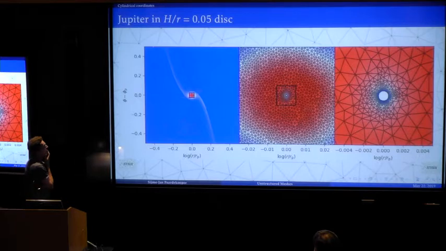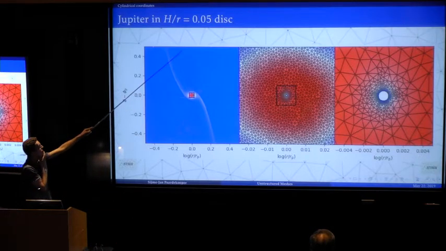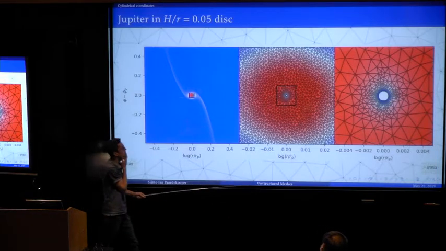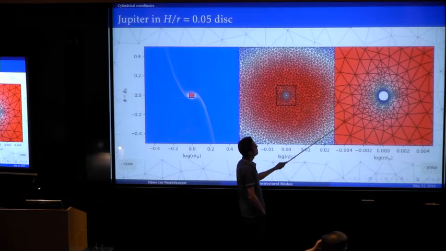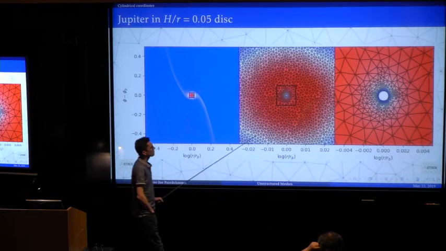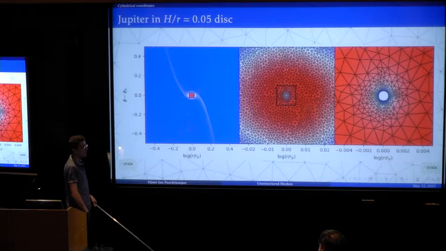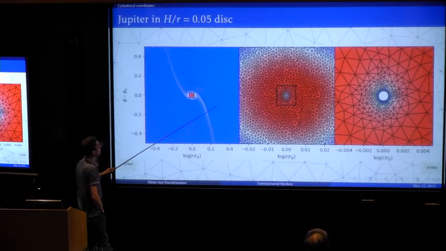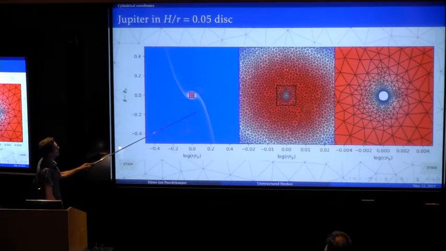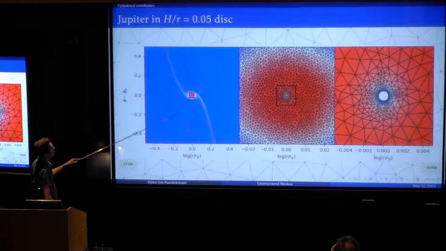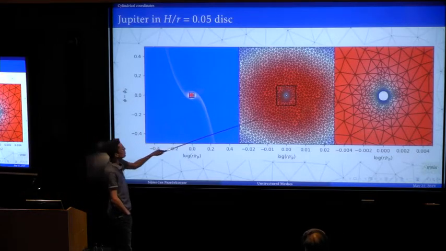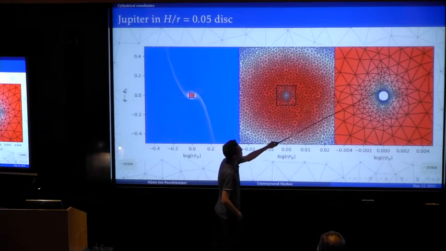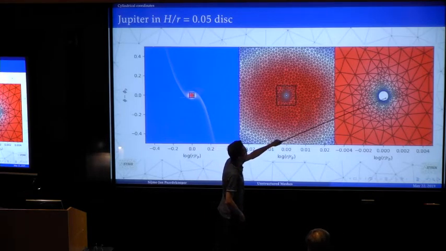You can do more interesting things and say, now reducing h over r to the more standard 0.05, but now I've put in a real planet. I've put in a hole in the center, which in this case is the physical size of Jupiter, and just let the mesh sort itself out. These are again refined as well, but if we zoom in on the planet, you get high resolution in the envelope, and close to the planet itself, this refinement is basically just because I wanted to have a circle here.